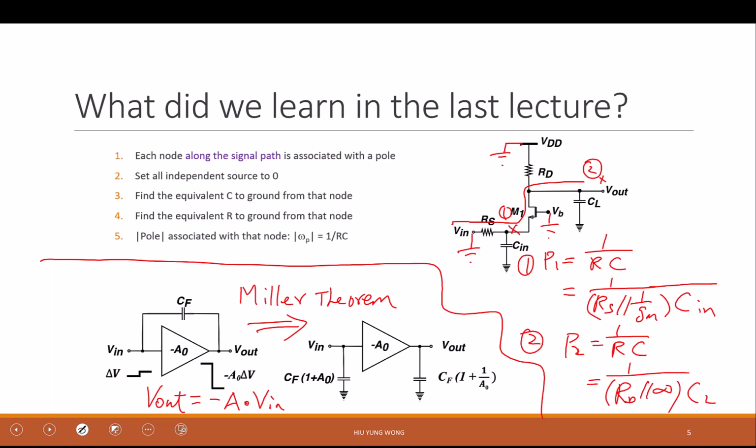For example, if I have something like this, look at this, it's A, not negative A0. So you need to look carefully at what I give you. If this is CF, I will be able to make this into something like this. Remember this? But what is the value of this?